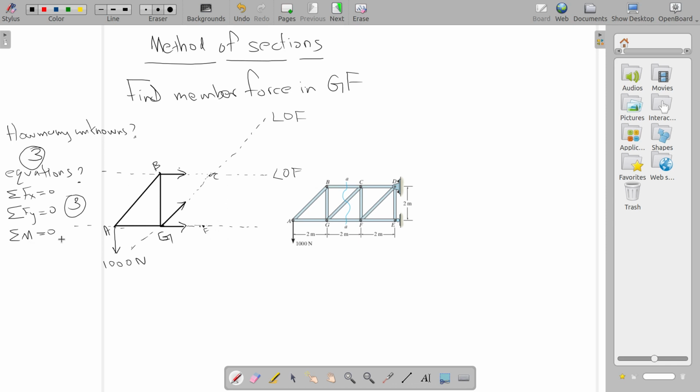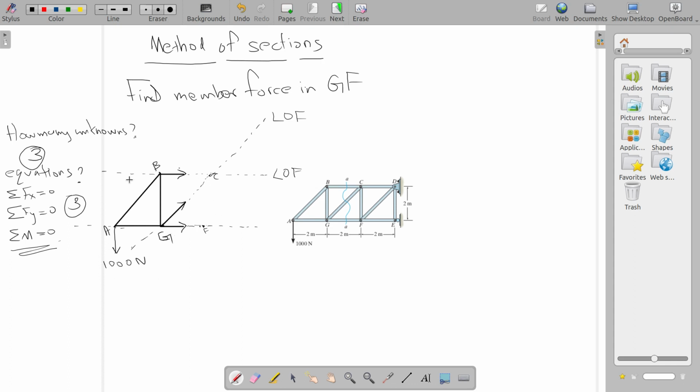And what does moment equilibrium say? If you take moment about any point, the sum should be 0. And what is the definition of moment? Force multiplied by the perpendicular distance. To be more specific, if you are taking a moment about a point, force multiplied by the distance between the line of action of force and the point.